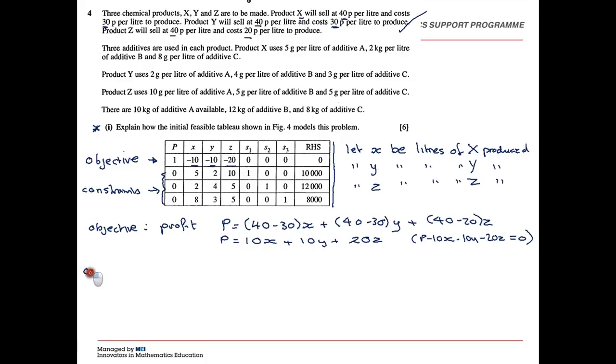So let's have a look at our constraints now in more detail, and what we can see is that we've got 3 additives that are used to produce the products. Product X uses 5 grams per litre of additive A, 2 grams per litre of additive B, and 8 grams per litre of additive C. And I should say that that is an error on the question there, and that was corrected, and it should be grams and not kilograms.